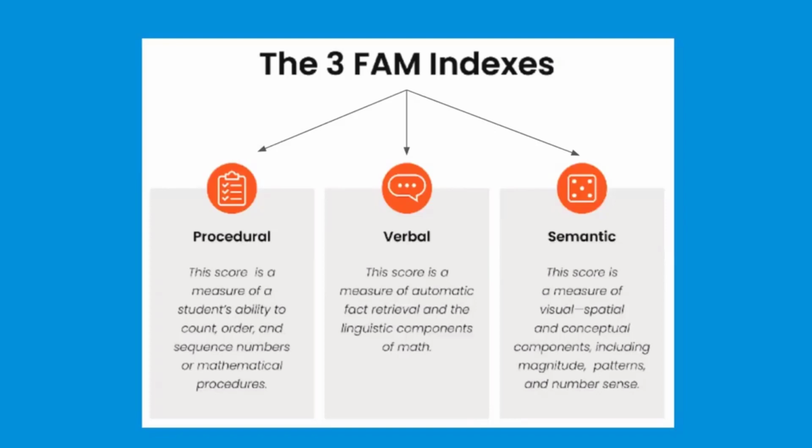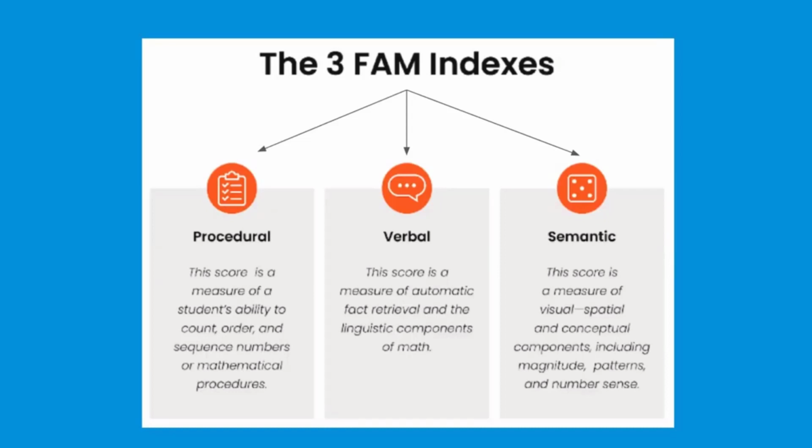Then the next bucket is the semantic, which is visual, spatial, the concepts of math, including magnitude. So this is your number sense. How big is something? How small is something? Those kinds of items. They also look at mathematical reasoning, and some kids struggle with storing it in a way that's accessible to them, so it also has to do with storage and retrieval. The severity of dyscalculia depends on the scores in these three indexes.